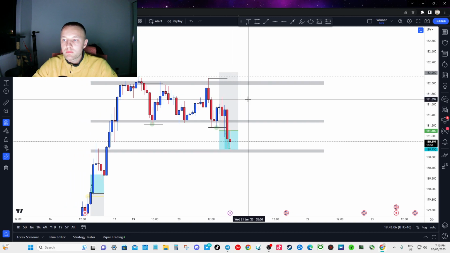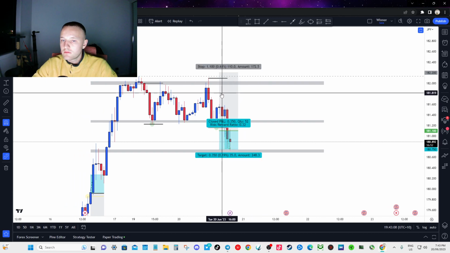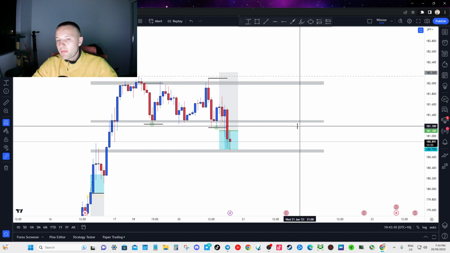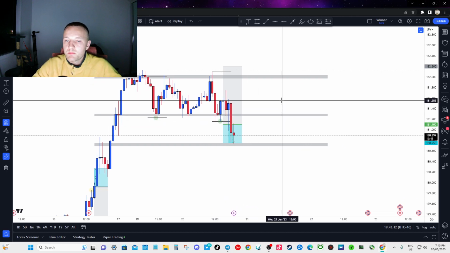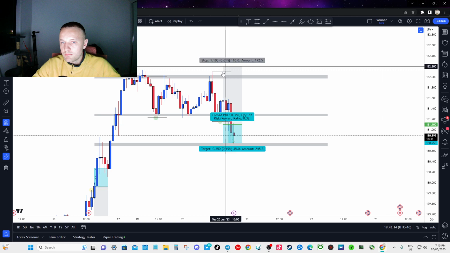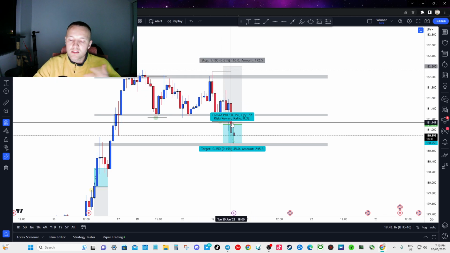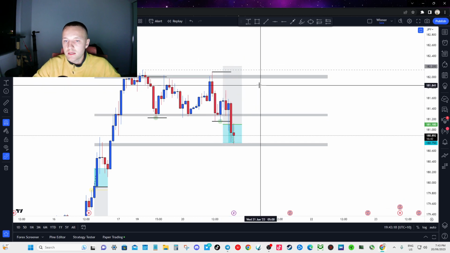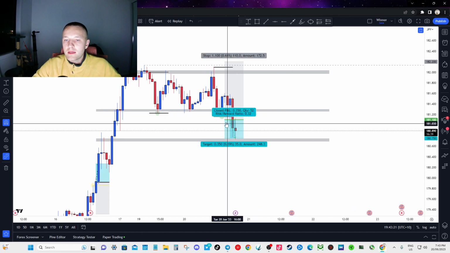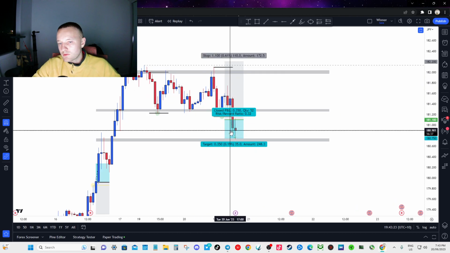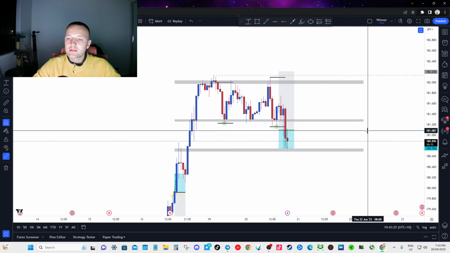Price did come and tap that out. We weren't in the trade at that point, of course, but that's why I moved my stops above this level, because that stop loss became invalid as price had already pushed through it. So we moved it, then price came down, triggered us in, and then hit our take profit level.